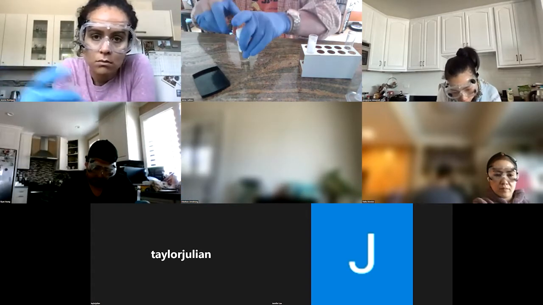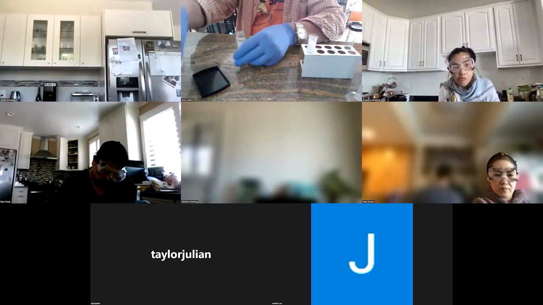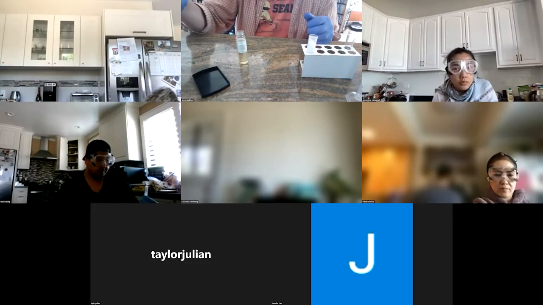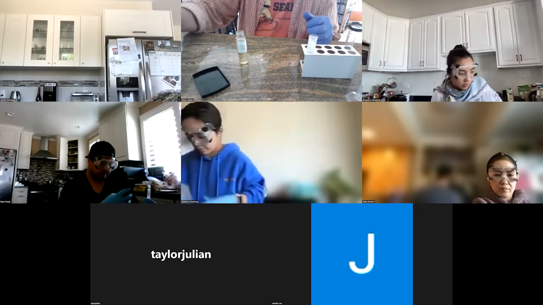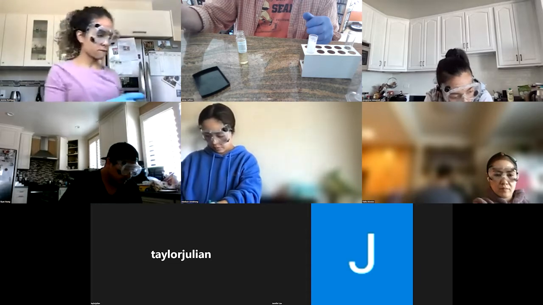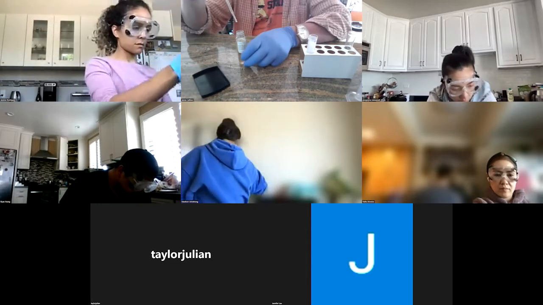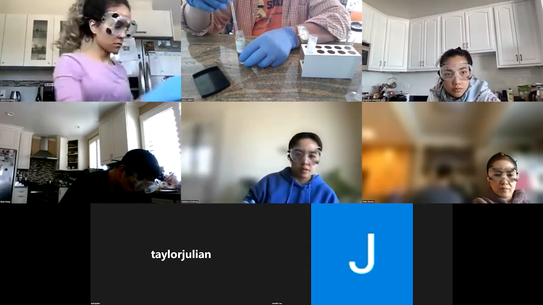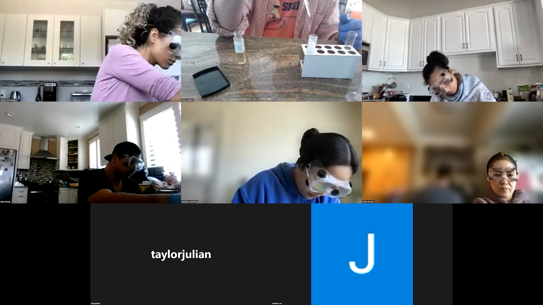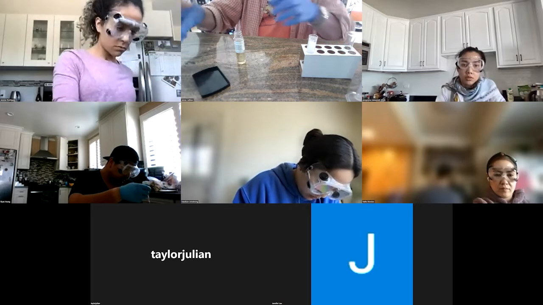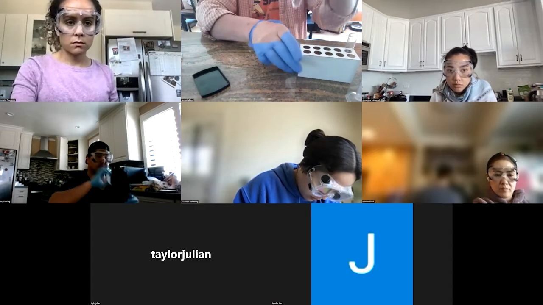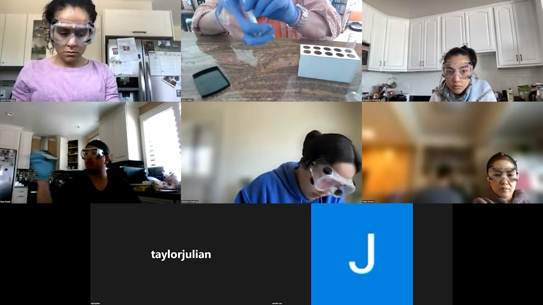So here's our vegetable oil. We're going to put 2 drops of vegetable oil in there, and see if the vegetable oil disappears.